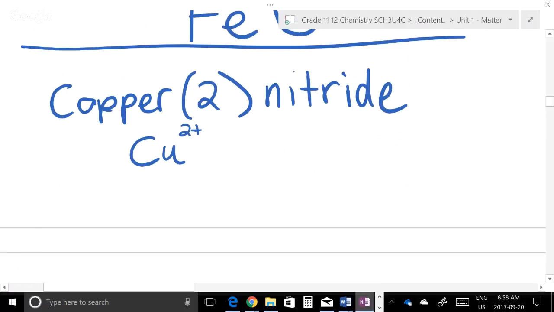It comes from the Latin, which is cuprous. And what about nitride? Nitride is the stable ion of nitrogen. And what's its symbol and number? Good. Now, how do I get these two to cancel each other's charges?